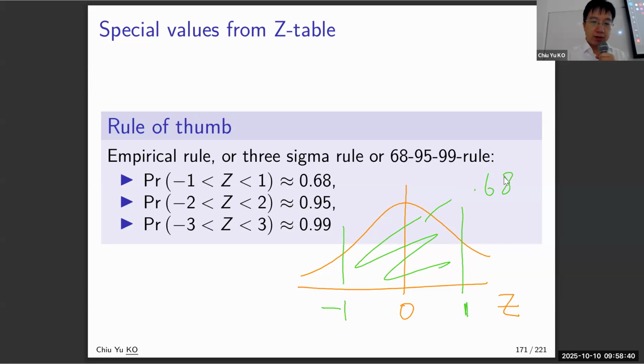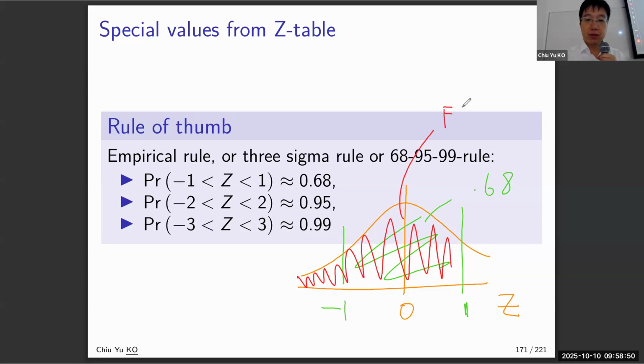The red area, which you can read from the table directly, is f of 1. The blue area is f of -1. We can read that from the table, and you subtract f of -1 from f of 1, then you get the green area, which is 0.68.